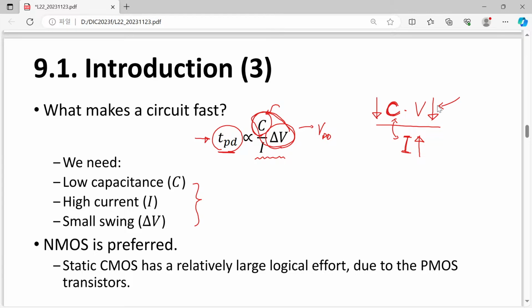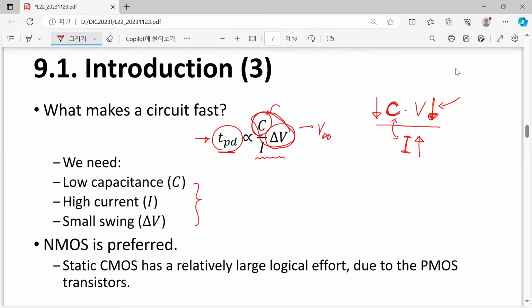Also, how about reducing the voltage? That is something we wanted to do every time, to have a small VDD value. But reducing VDD will also introduce some problems. Unfortunately, our NMOSFET and PMOSFET have the so-called subthreshold slope, which even nowadays is close to 60 millivolts per decade.